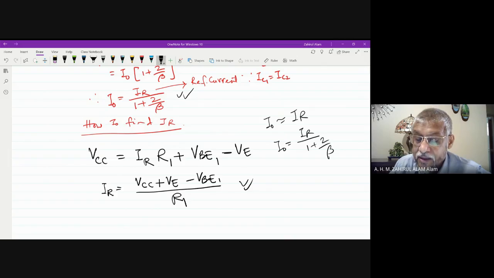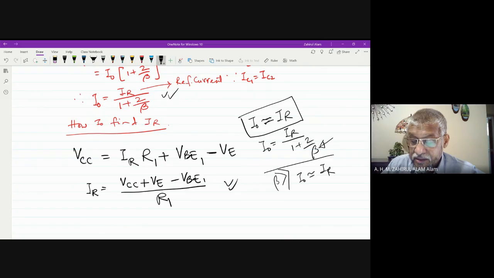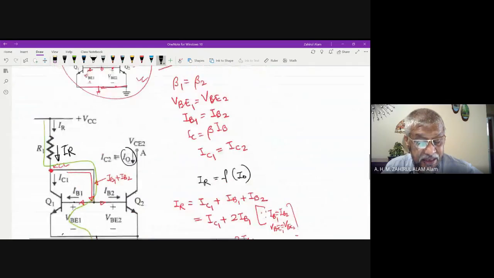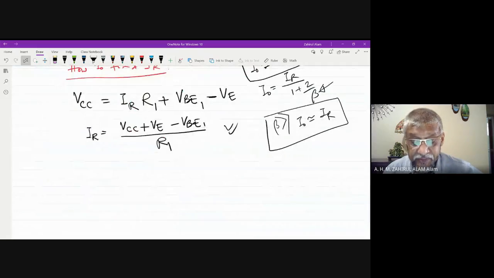So we need to design this one for the ideal case, ideal mirror. But this is a deviation for this circuit. And now it depends on the beta. If beta is very high, then I naught equal to IR. So now this circuit is known as the basic current source. At least we can design this circuit.